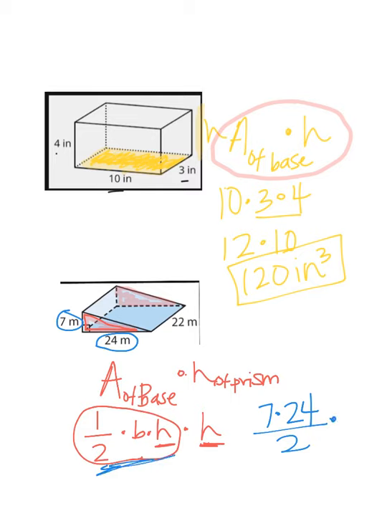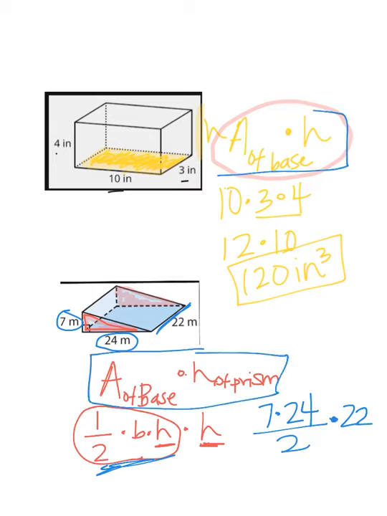And then we're going to times it by the height of our prism, which is 22. But really what I want you focusing on here is that we are doing the same thing as we did with the cylinder, as we did with the rectangular prism. We're going to take the area of the base and times it by the height. The tricky thing is can you find which one have the parallel sides to it?